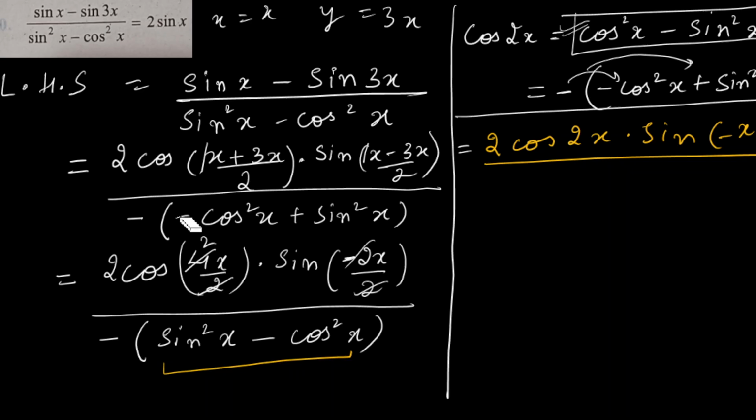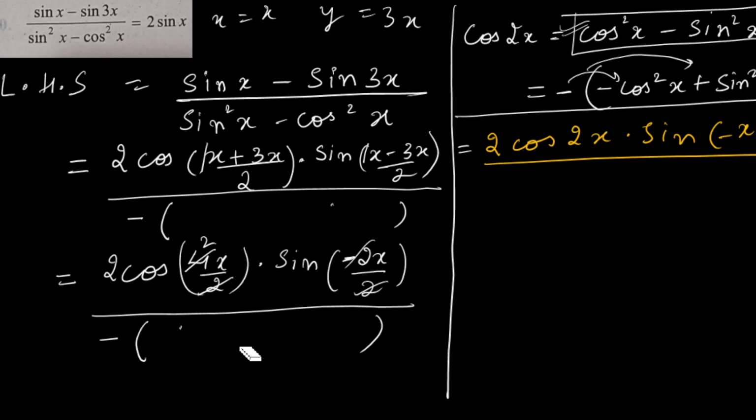I have made a small mistake. If I'm taking minus out, this sign will become negative. So minus sine square x, this minus sign will become plus, plus cos square x.